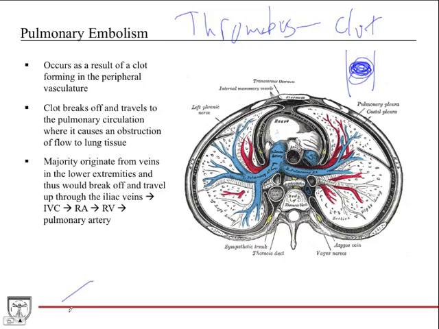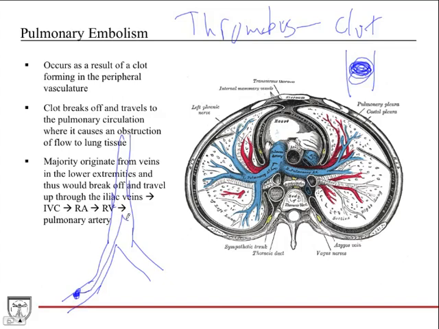An embolus is when you have a clot that forms in, say, a femoral vein, okay? So you have your femoral vein here, your iliacs here, and then your inferior vena cava like this. What happens is an embolus is a clot that forms, but it ends up breaking off, and it doesn't block the vessel that it forms in.